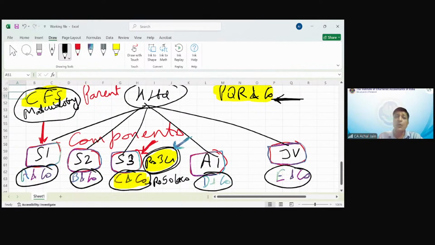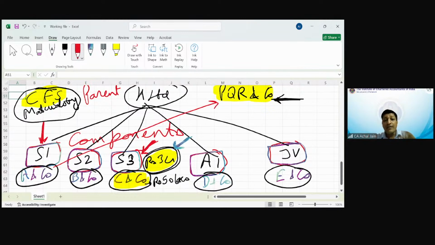A&E company will do the statutory audit of S1. That's separate. A&E company will also be providing another audit report for the purposes of group audit only. And to whom will such audit report be provided? This audit report will be provided by A&E company to PQR and company.